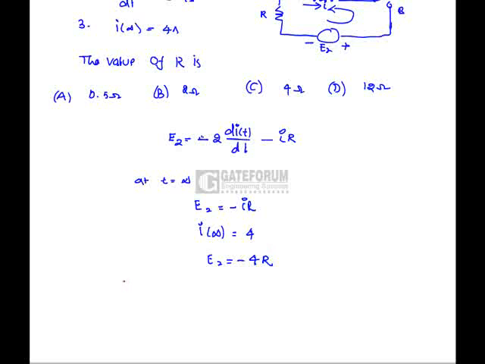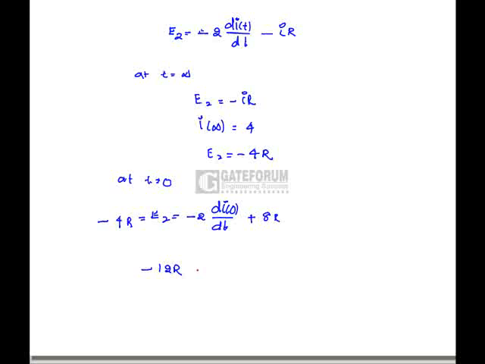At t equals 0, E2 equals minus 2 di of 0 by dt minus I of 0 R, I of 0 is minus 8, hence 8R. E2 is minus 4R, hence minus 12R is minus 2 into 3, which is minus 6, hence R is 0.5 ohms, which is option A, correct.